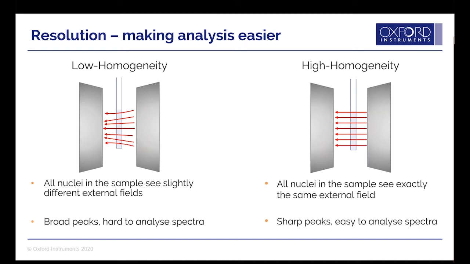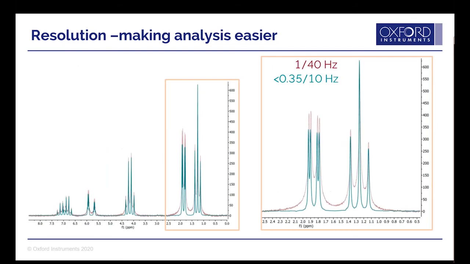In real terms, what does that look like? Well, if we take that initial ethyl crotonate spectrum that I showed you at the start, which is still in red here, and compare that with a spectrum taken now on a system like an X-Pulse, you can see the significant improvement in the resolution.